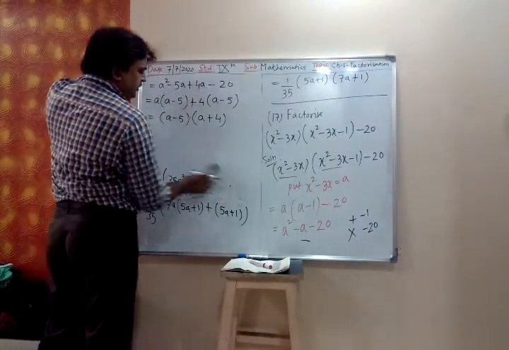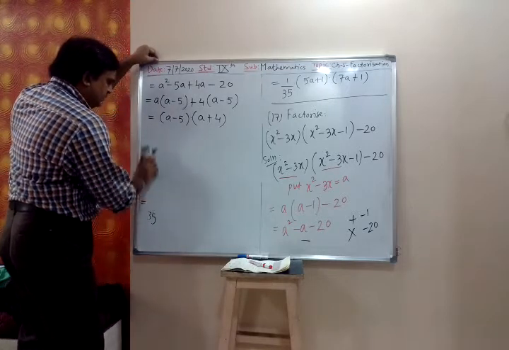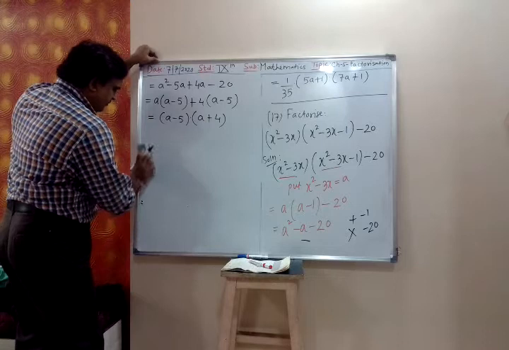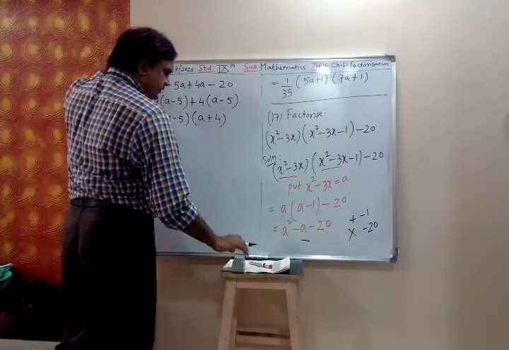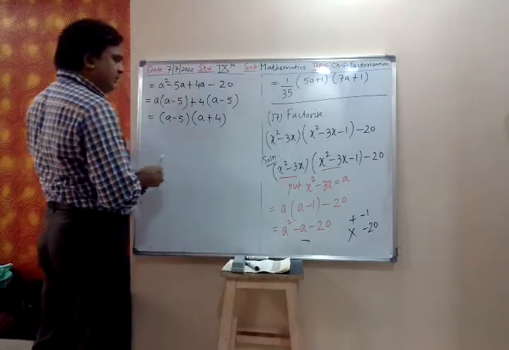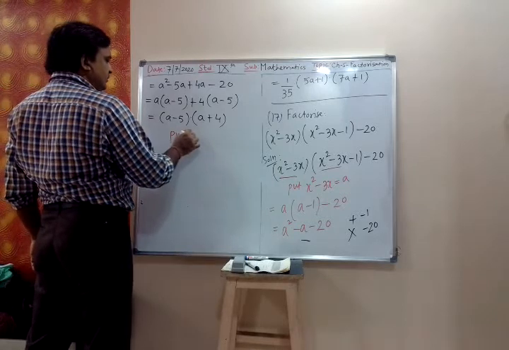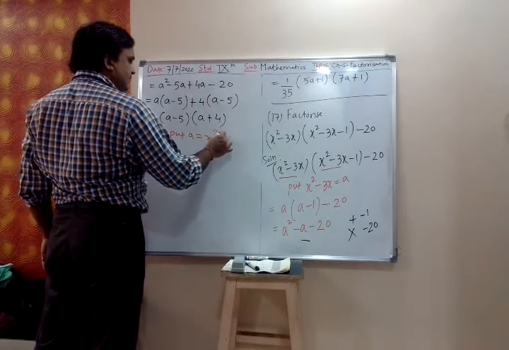Now put the value of a. Put a is equal to x square minus 3x.